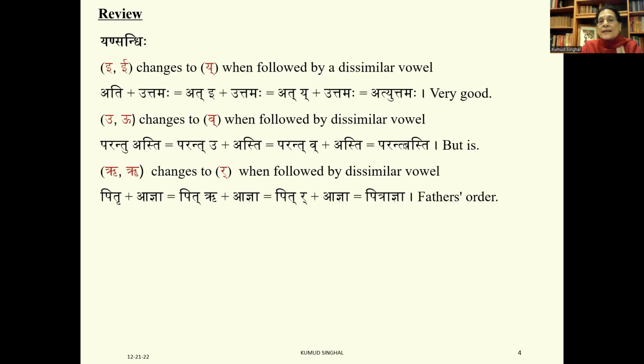It is written like this, tva, and va with a becomes va, parantvasti. Then ṛ or ṝ changes to ra when followed by a dissimilar vowel. So pitṛ plus ājñā, so pitṛ, and this is ṛ followed by a dissimilar vowel. This will change to r. So t and r is a conjunct, and combining with the long ā becomes pitrājñā, father's order.